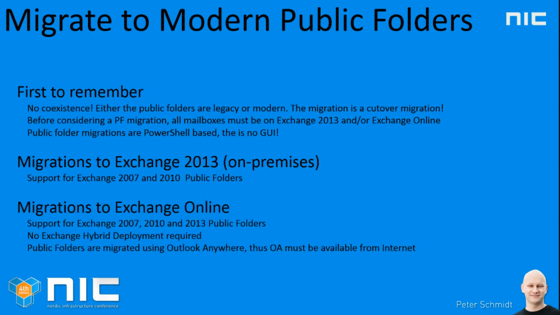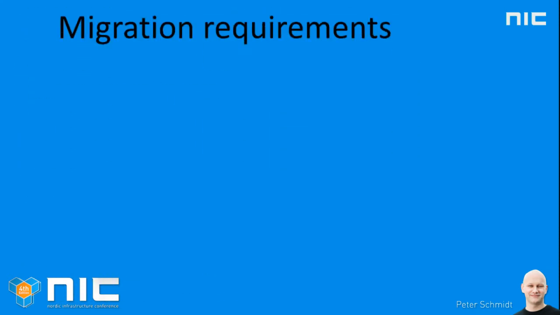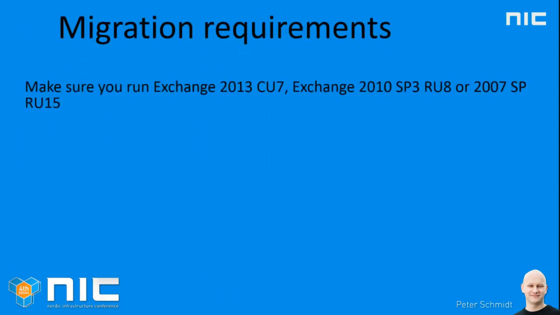Since this is a cutover process, it's important to note that you should move all your users and user mailboxes to Exchange 2013 first, or Exchange Online for that case. And then you can start looking at your public folders and handle that as a separate project. You need to make sure that your Exchange platform is fully up to date with the latest patches or rollouts from Microsoft.